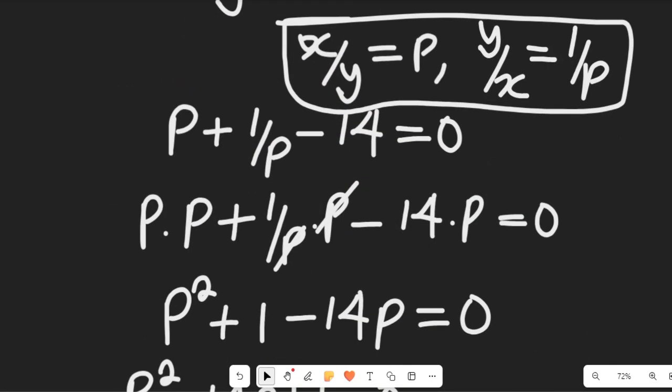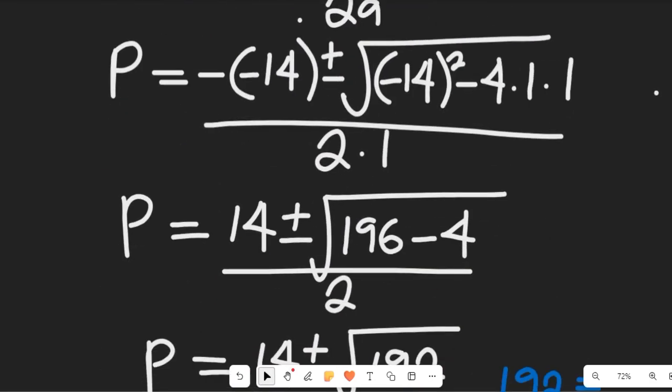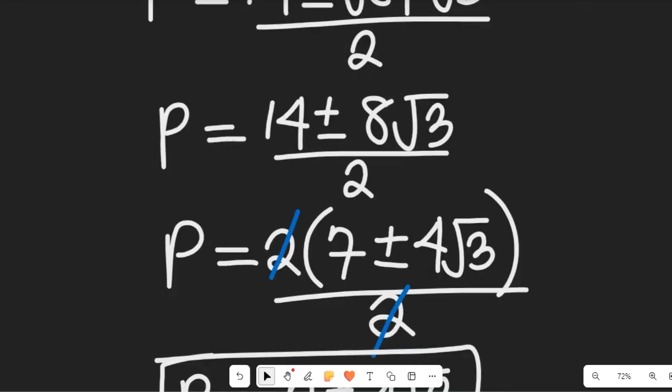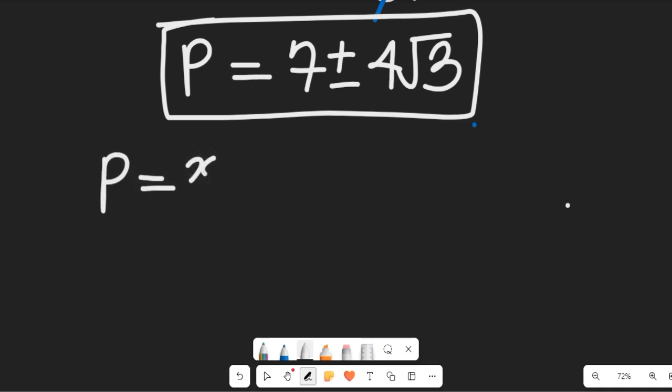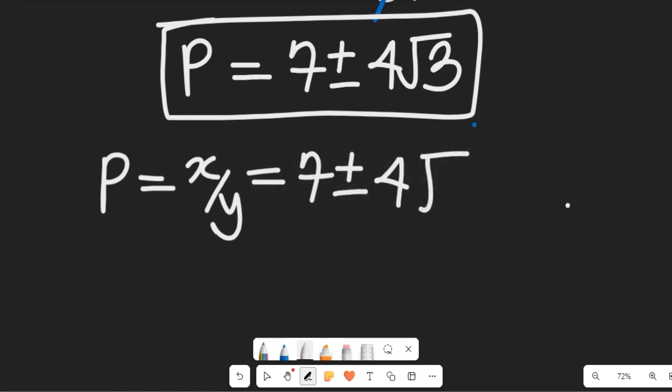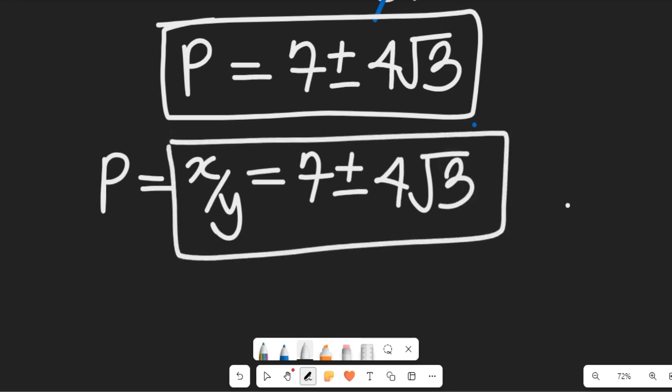So if our x divided by y is equal to p, we can see that the result of that math solution is p, which is equal to x divided by y, is equal to 7 plus or minus 4 root 3. And that is the solution to that math expression given to us up there.